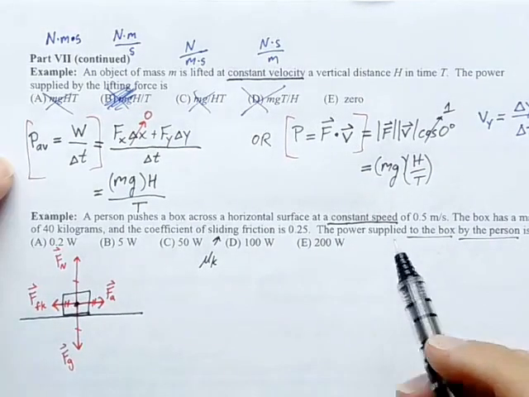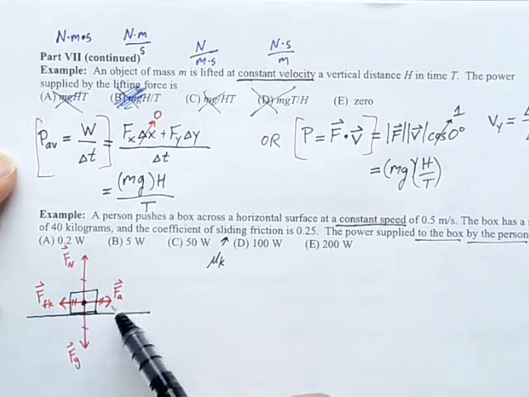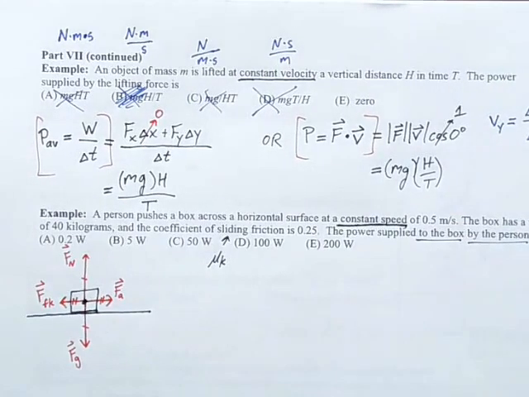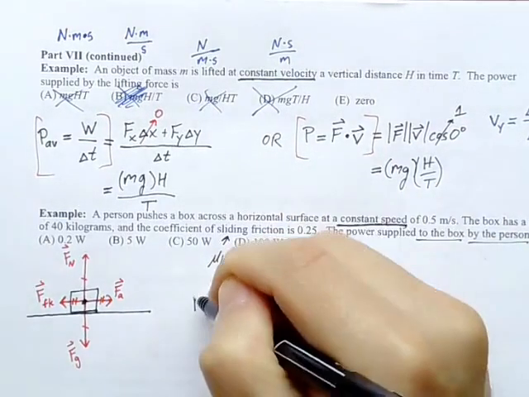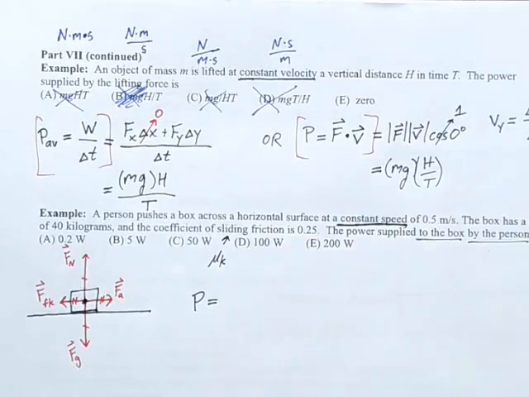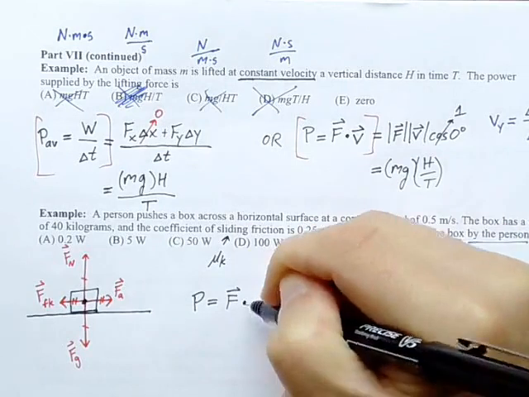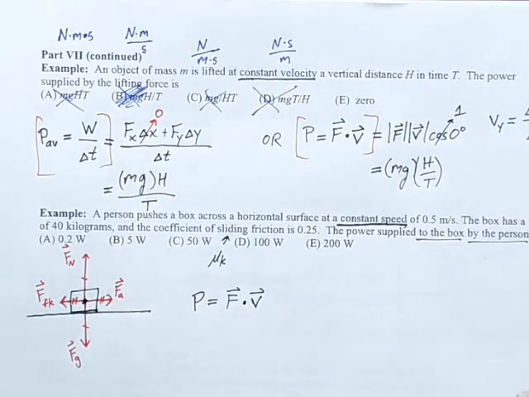Okay, here's my free body diagram. We know our forces, the applied force and the force of friction, are balanced because constant speed. Here I think the most straightforward way to compute the power input to the box by the person would be to dot the applied force with the velocity of the box.